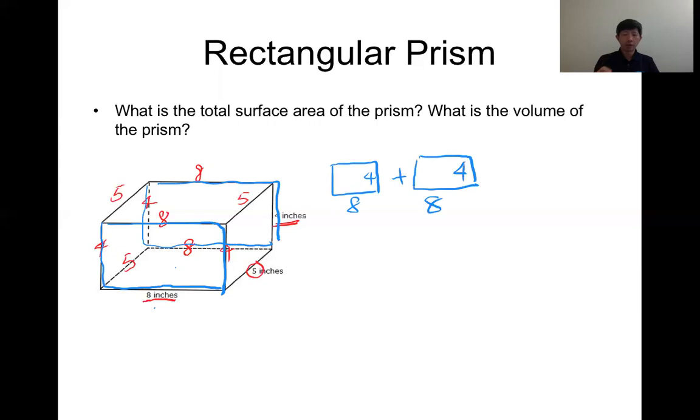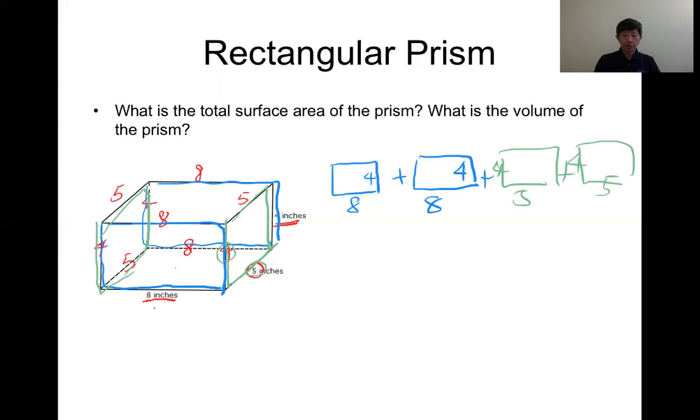All right. Now next, I'm going to use a different color. Next, we have 4 by 5. 4 by 5, that would be 1. Do we have another 4 by 5 like this? Yes.